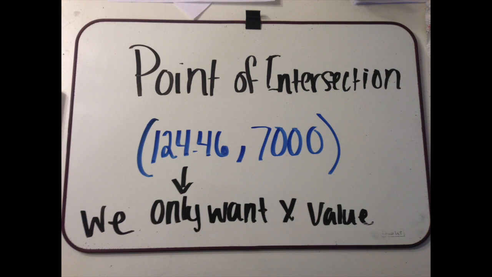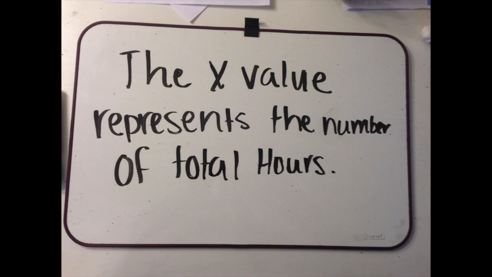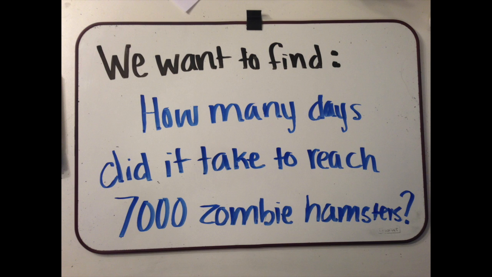Our point of intersection is at 124.46 and 7,000. We really only want the x value because our x value represents the total number of hours. But the question is asking how many days it took.